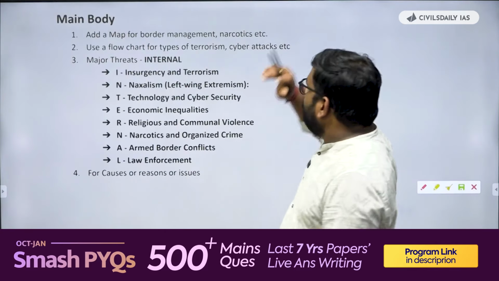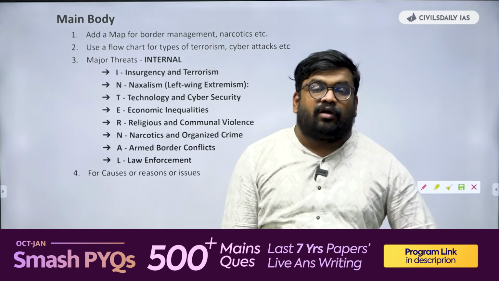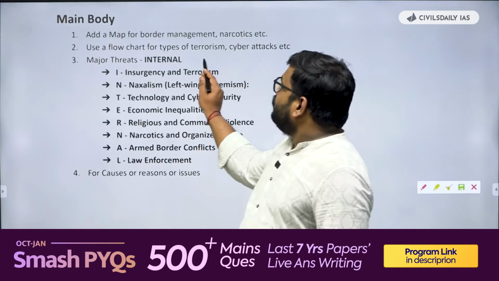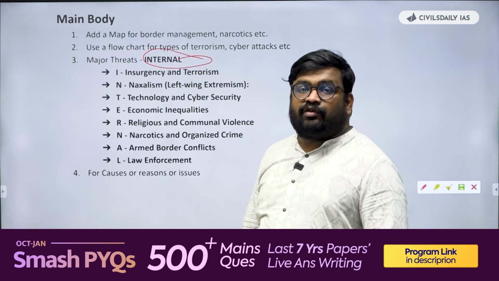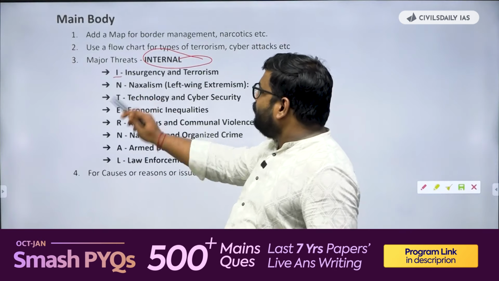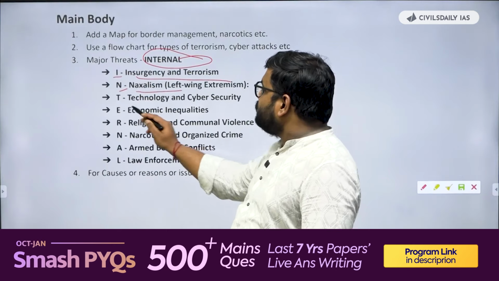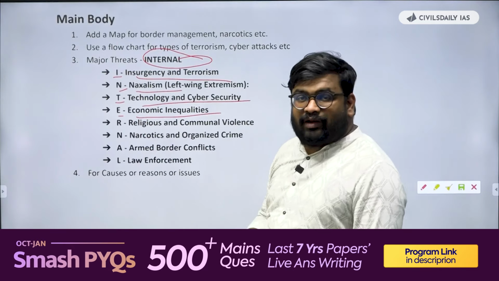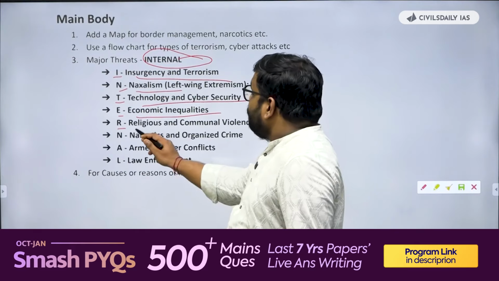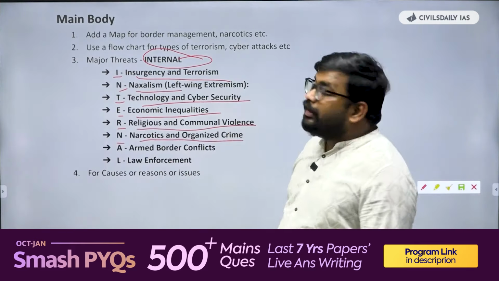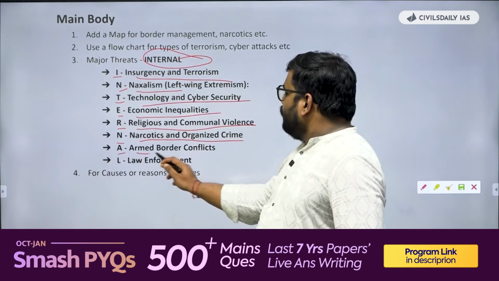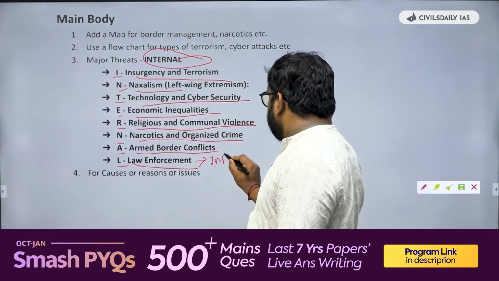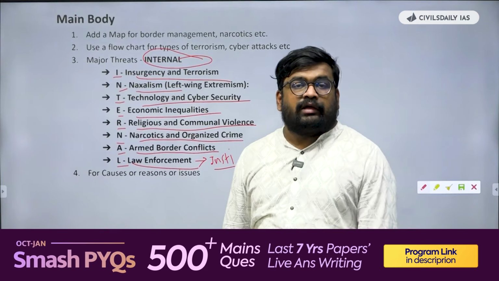Then coming to the main body, if you have been asked on a broader theme, such as what are the major internal security threats to India, you can use the INTERNAL framework, where I stands for insurgency and terrorism, N for Naxalism, T for technology and cyber security, E for economic inequalities or economic frauds or vulnerabilities, R for the social aspect, religious and communal violence, N for narcotics, organized crime and drugs, A for armed border conflicts, and L is your institutional issue, which highlights the issues in law enforcement.